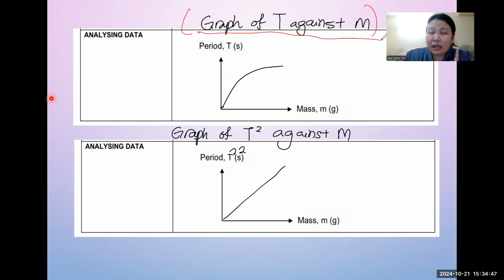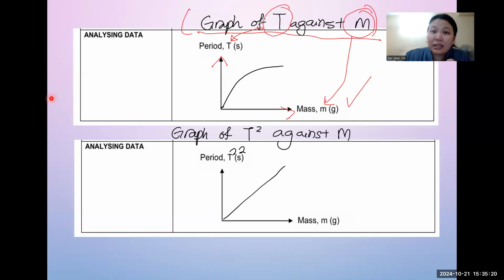See the title up here, graph of T against M. You just label T on your y-axis, M on your x-axis, you get 1 tick. Can. But normally those people like that, they won't join the class. They won't join the Bengkel now. They don't even watch the video.